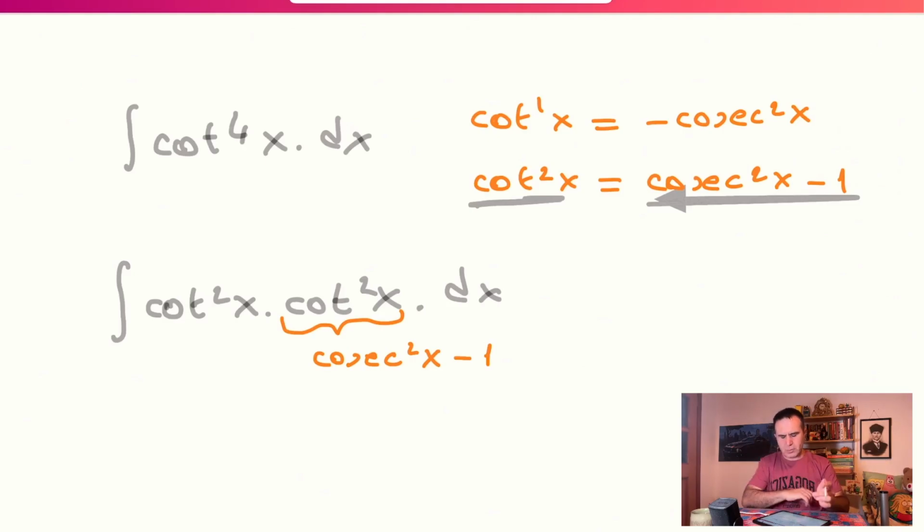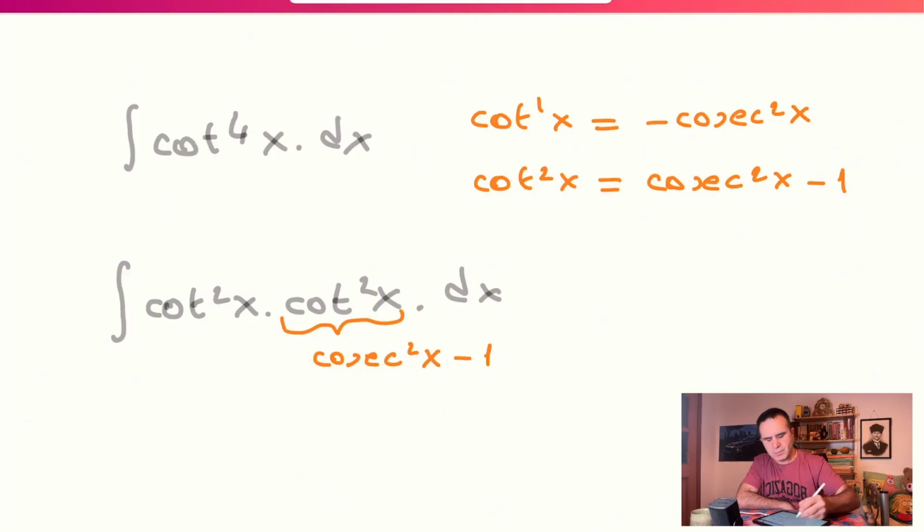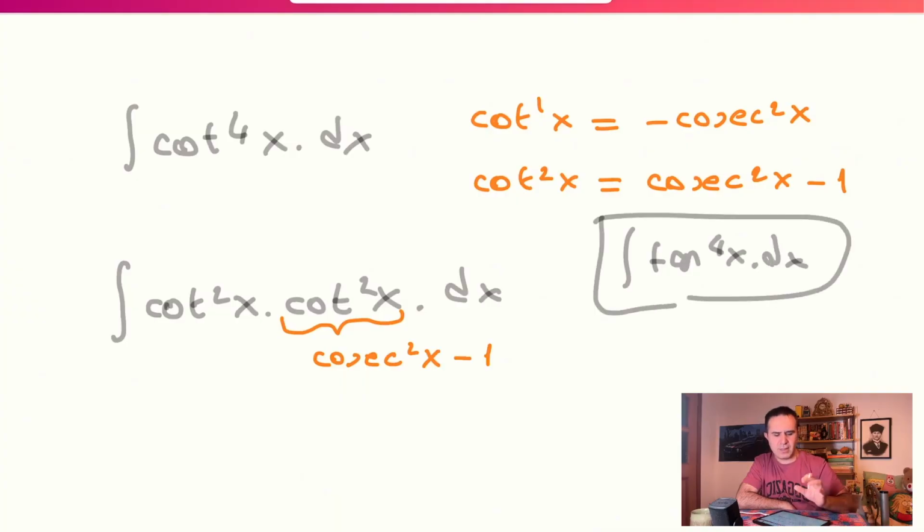A few videos ago, I solved the integral of tangent to the power of 4x dx, and the method that I used in that problem was the same as I use here.